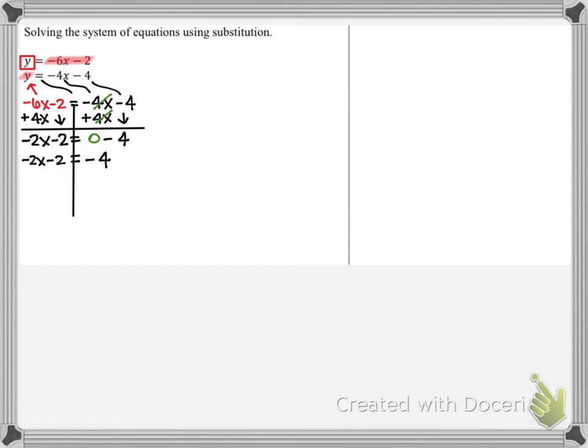Okay, now taking a look at the left-hand side. So I'm just trying to get x by itself. Anything that is being added or subtracted, so it doesn't have an x attached to it, that's the thing we're going to move. Rid of this 2. It is a negative 2, so I'm going to add 2 to each side. Drop down the negative 2x.